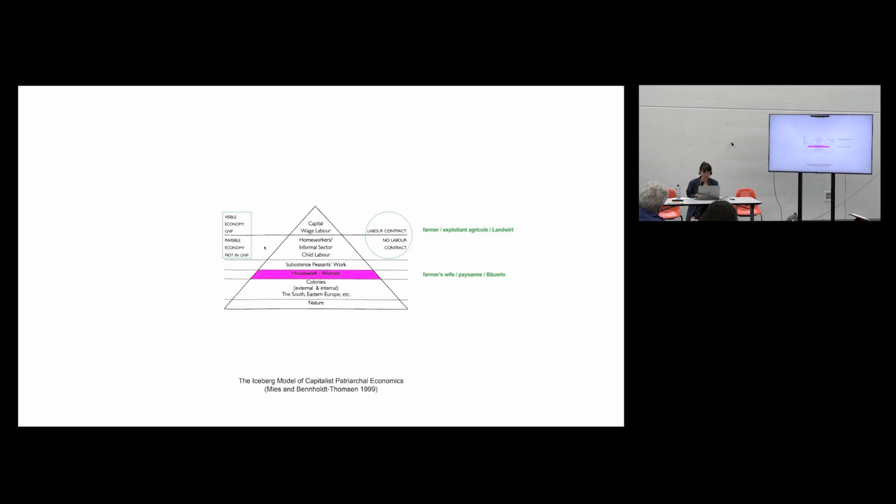Here we have housework and women. In the case of agriculture, it's the farmer's wife, the peasant's work. We have the peasant's work directed towards subsistence. And we also have people like elderly people, volunteers, or children that participate in this peasant work and that we don't really see in official statistics, nor in official views.